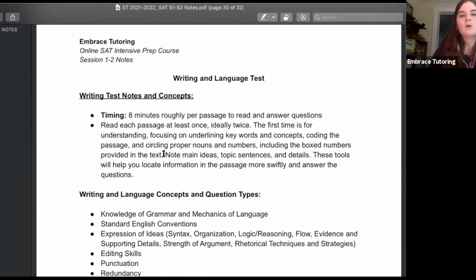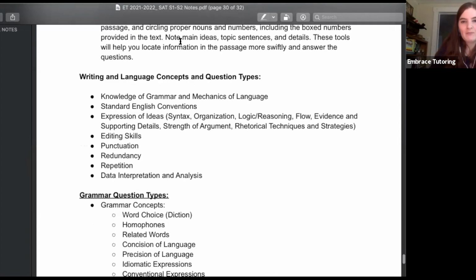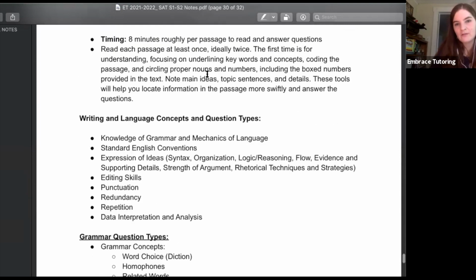Okay. So just to recap again, we've discussed it already today, but the writing and language test, 8 minutes per passage roughly. Okay. Doing the same kinds of strategies that you're doing with the reading test, in terms of annotation, in terms of identifying keywords and concepts, coding passages, circling proper nouns and numbers, all of that, including circling the box numbers that they have in the passage, noting main ideas, topic sentences, and details.